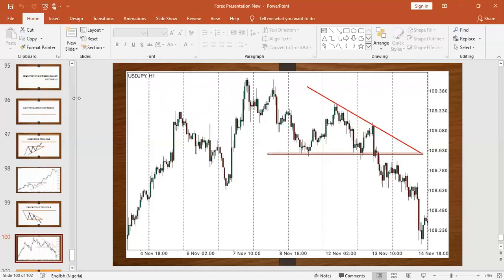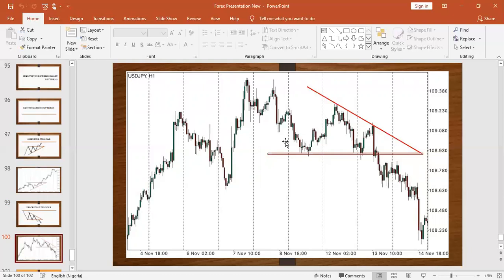Let me quickly give you a homework. I don't care what day or what time you see this. Today is 29th of May 2020. If you see this later on, or if you're lucky enough to catch this right now, go to the US dollar against the Canadian dollar and look at your daily time frame.